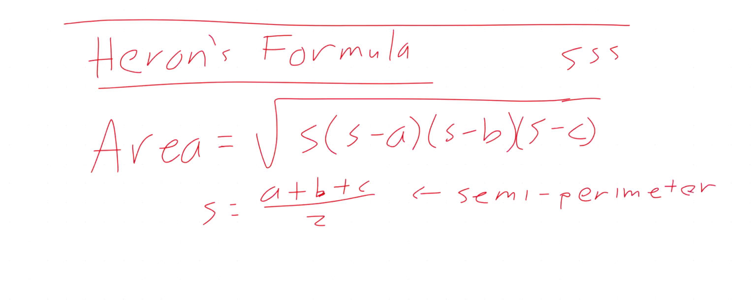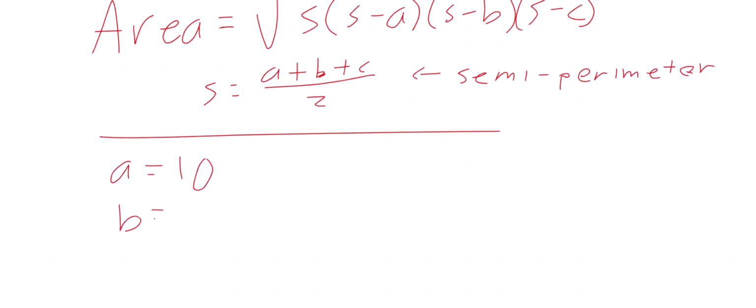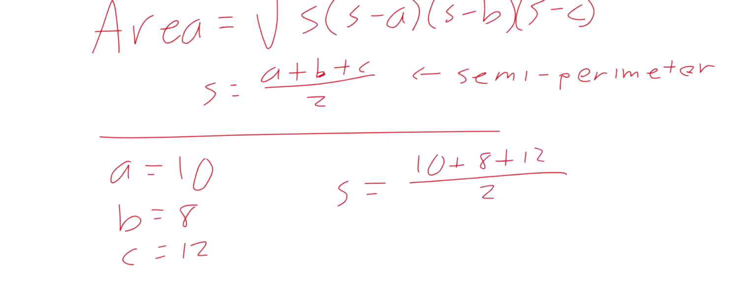All right, so let's try an example of this. Let's say side A is 10, side B is 8, and side C is 12. So finding our s, it's going to be 10 plus 8 plus 12 all over 2. Adding up top, we get 30. 30 over 2 is 15.